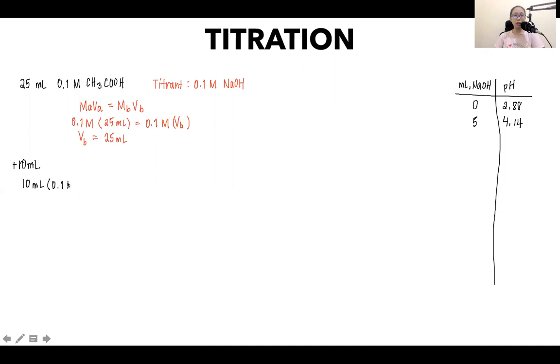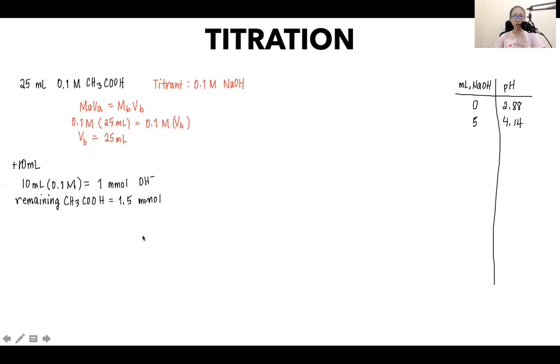This will give us 1 millimole of the base. Again, initially, we have 2.5 millimole of acetic acid, right? So the remaining acetic acid will be 2.5 minus 1 millimole, and that will give us 1.5 millimole of acetic acid.